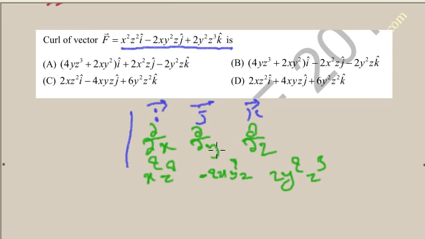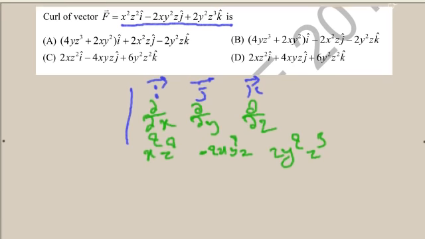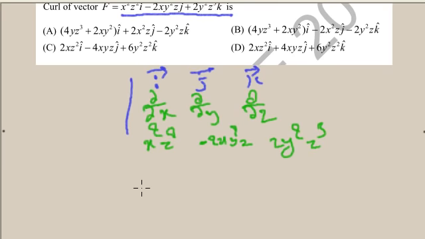Now for i, if you differentiate with respect to y, you will get 4 y z cube minus, and for this, if you differentiate with respect to z, you will get minus plus twice x y square.